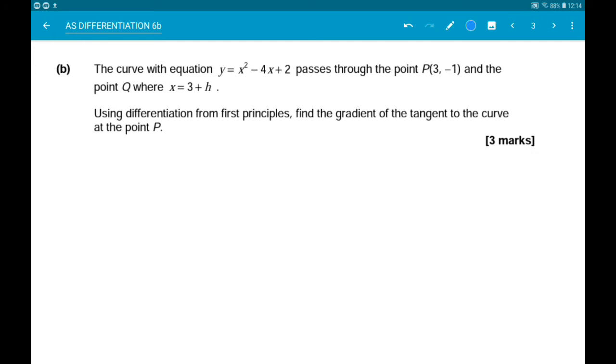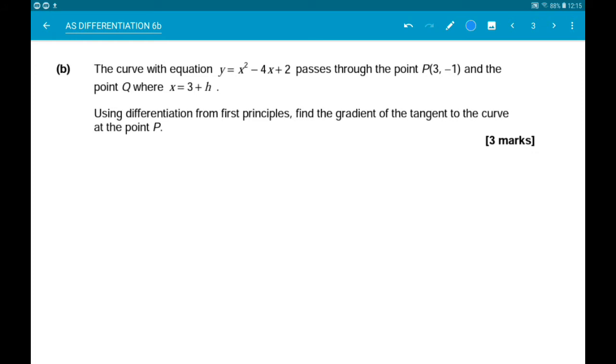Using differentiation from first principles, find the gradient of the tangent to the curve at point P. So, the gradient then is the derivative of the curve when x is equal to 3. So, we are using differentiation from first principles with x as 3 and 3 plus h.